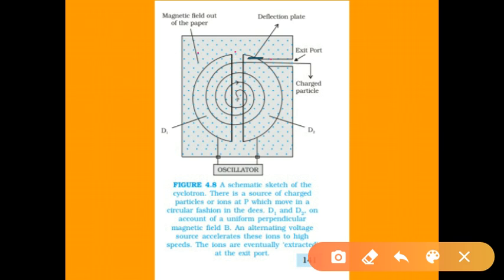That is, magnetic field is out of the plane. And here is an exit. After getting accelerated, the charged particle comes outside through this exit. All the arrangement is kept inside an evacuated chamber to avoid any other collisions.